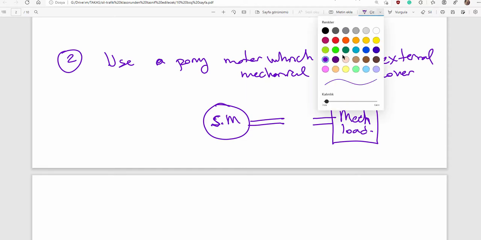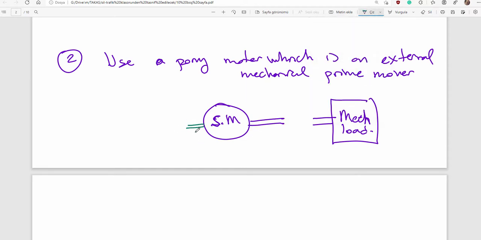And on the shaft right now, assume that the shaft is continuing. Here's a pony motor, a pony auxiliary motor, to drive it up.